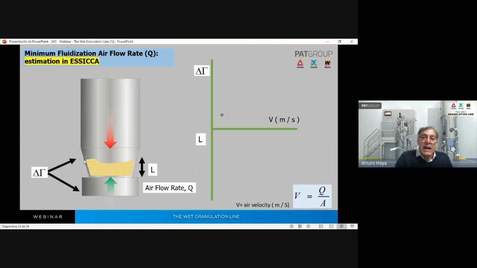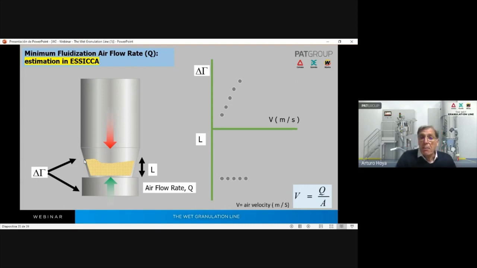With the early increase in velocity, in airflow, we observe that the pressure difference across the bed is increasing, but the bed height is constant because no fluidization has occurred. This is a typical observation in this kind of experiment.